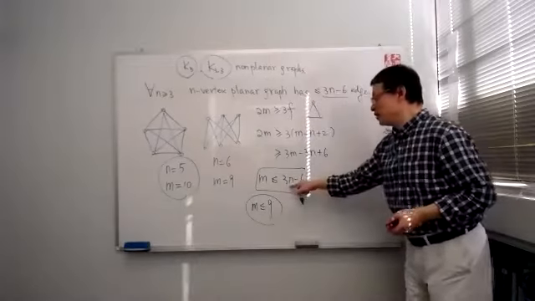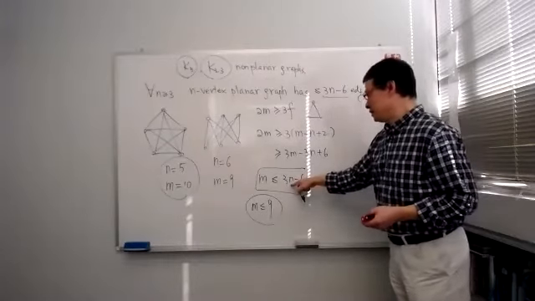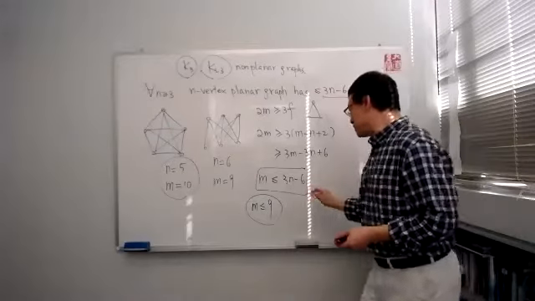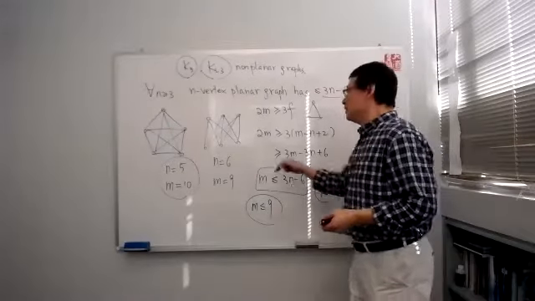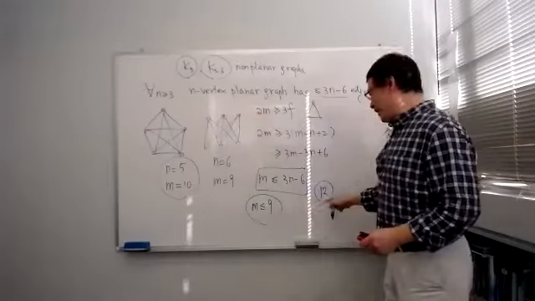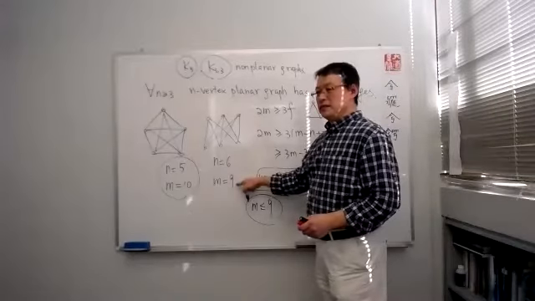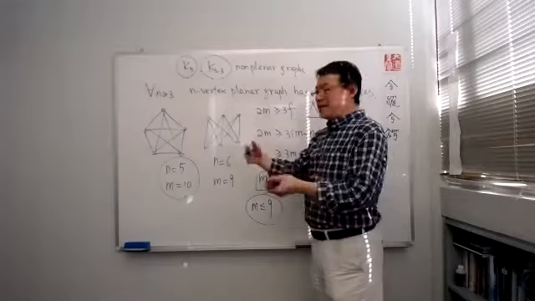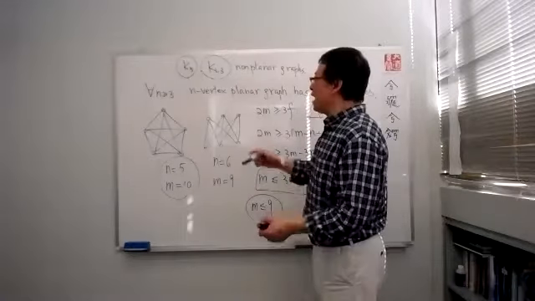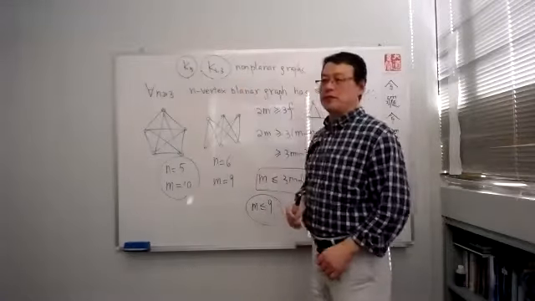If we use this formula, we allow up to 12 edges. For 6 vertices, we allow a maximum of 12 edges. Here only 9 edges. So the density condition does not rule out the possibility that this graph is a planar graph.